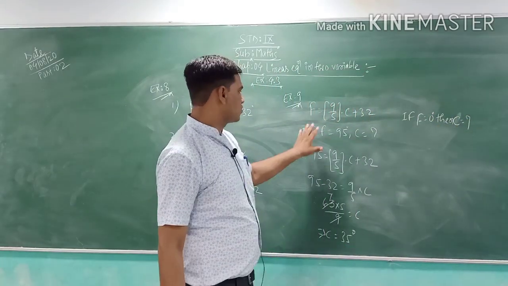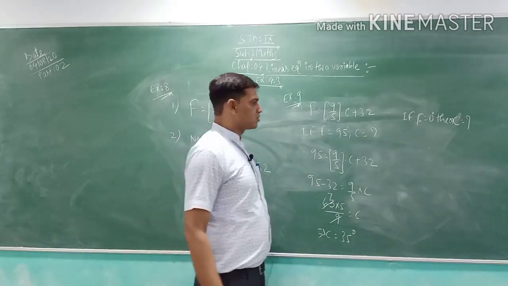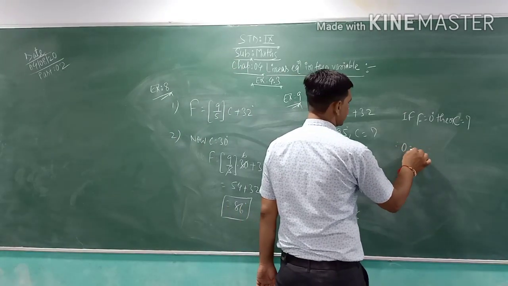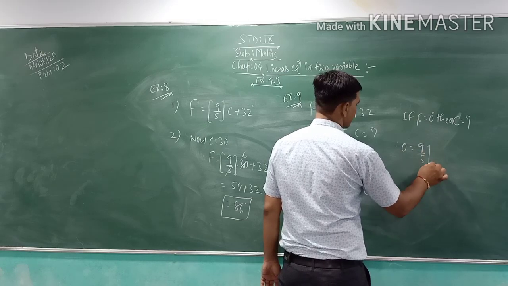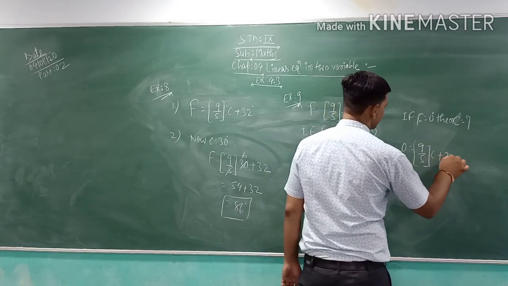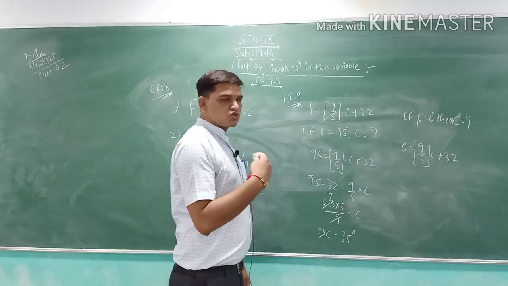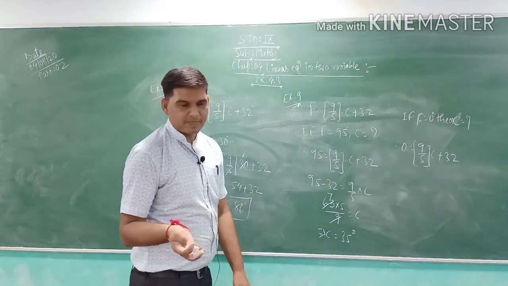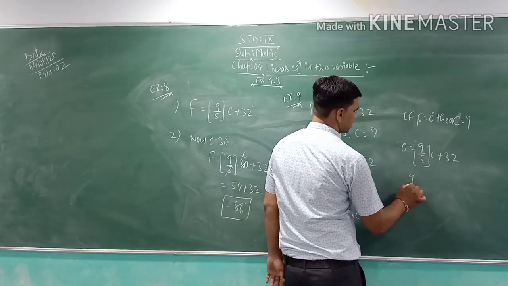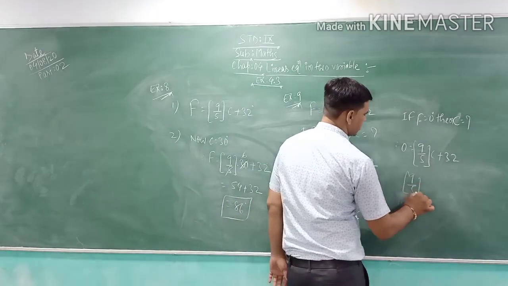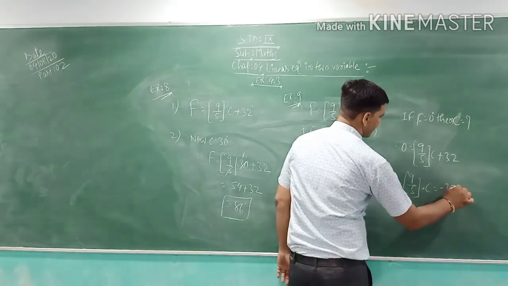Using that formula, I apply Fahrenheit equal to 0. So 0 is equal to 9 by 5 into C plus 32. That 32 should move to the left hand side, so it becomes minus 32. So 9 by 5 into C is equal to minus 32.